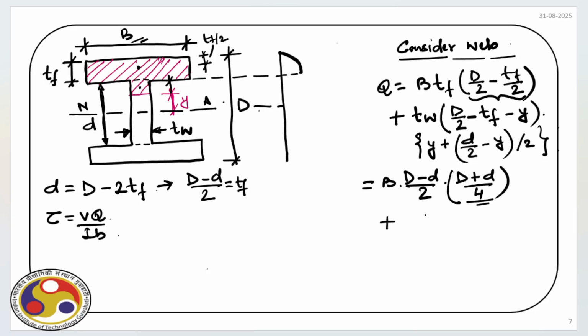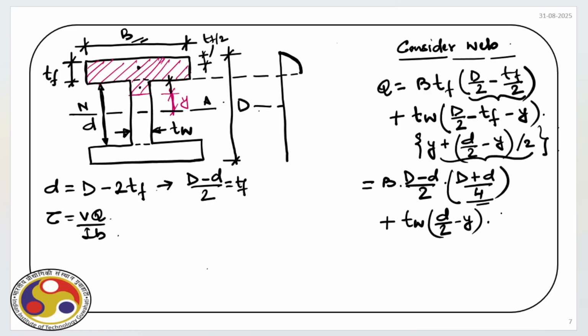For the second part, we have tw times again d by 2 minus tf. For that we can write small d by 2 minus y times this part within the second bracket.